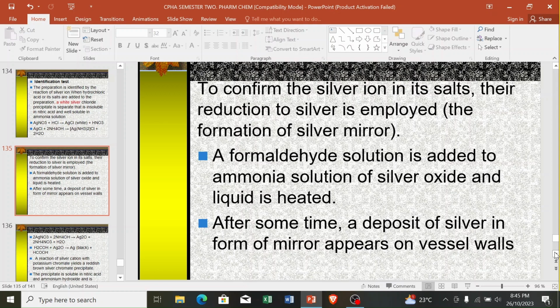The oxidizing property of silver nitrate is seen when it is able to oxidize carbonyl compounds, and to be more specific, it is able to oxidize aldehydes to carboxylic acids. So it is showing its oxidizing property: it oxidizes other compounds and itself gets reduced.